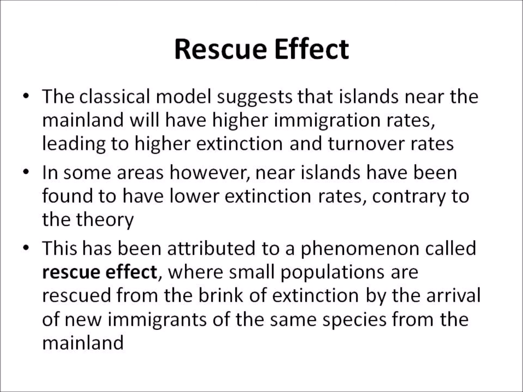So if you have a declining population on the verge of extinction, you're much more likely to have immigration of new individuals from the mainland to bolster that declining population. So islands closer to the mainland are going to have a lower rate of extinction than islands further from the mainland because you have a greater source of new individuals to maintain a population that's already present on the island. So in this revision, the rescue effect recognizes both isolation and island size when examining extinction rates.